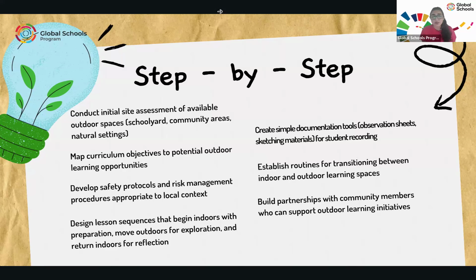So, because you are leaving the classroom and going out, this is a great opportunity for students as well as yourself to make really strong community partnerships. For example, if you're going to a supermarket to maybe, let's say, conduct research on different types of food, then this is a good opportunity for students to get to know supermarket workers, to get to know people who shop at supermarkets, etc. Right?